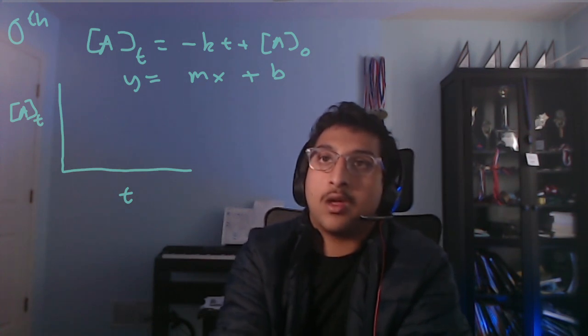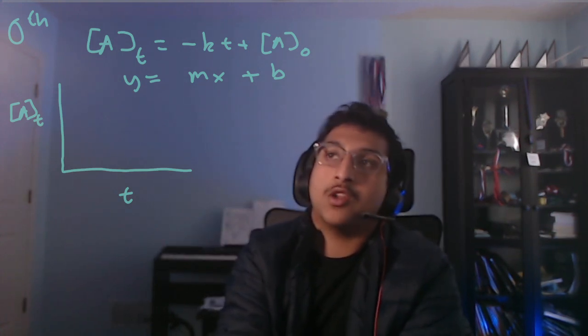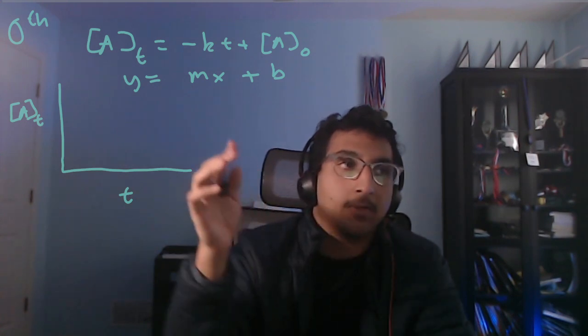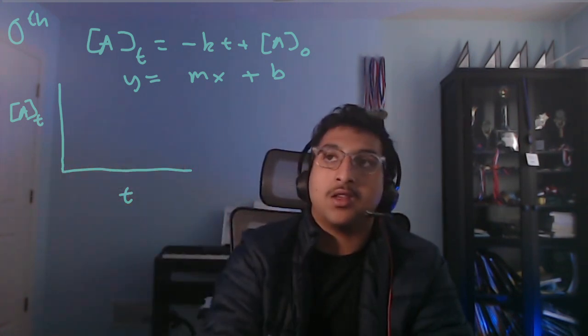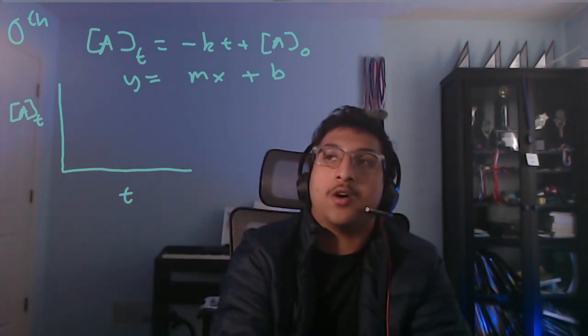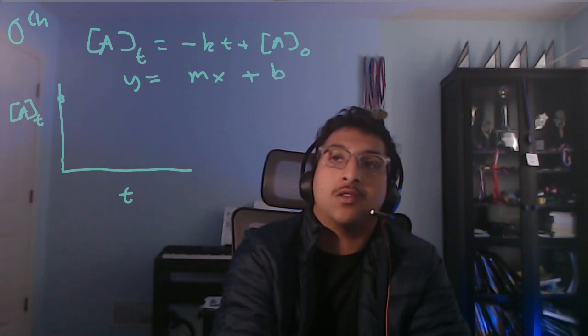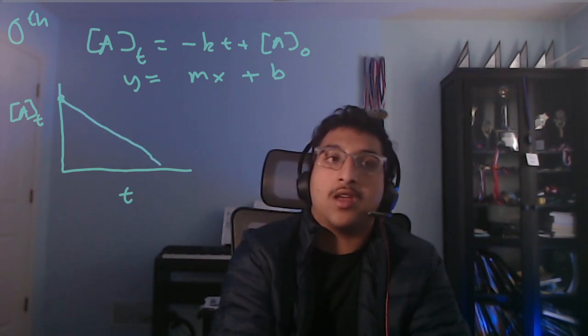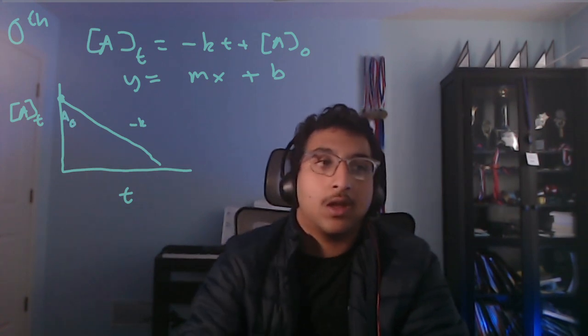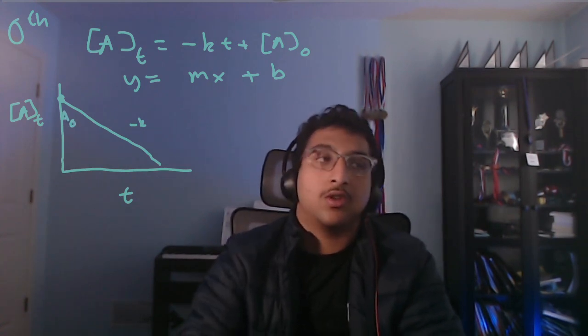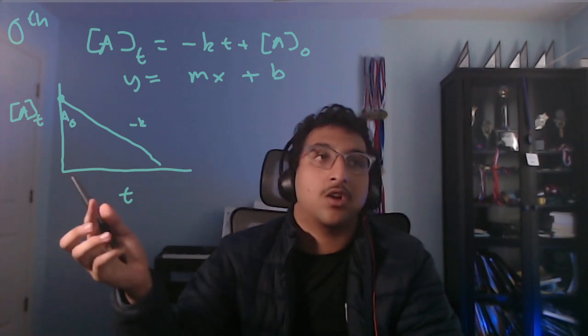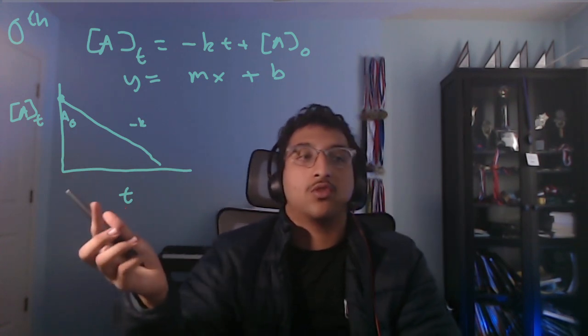Since the slope is negative, we know that the line is going to be decreasing. And initially it starts with a positive concentration. So we start over here and we go down, and then we have a slope of negative k and an intercept of A of 0, so initial concentration. So this is basically if we have to plot concentration over time and you don't know what the order is.